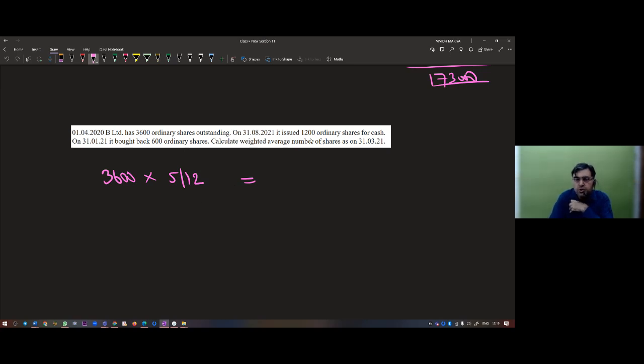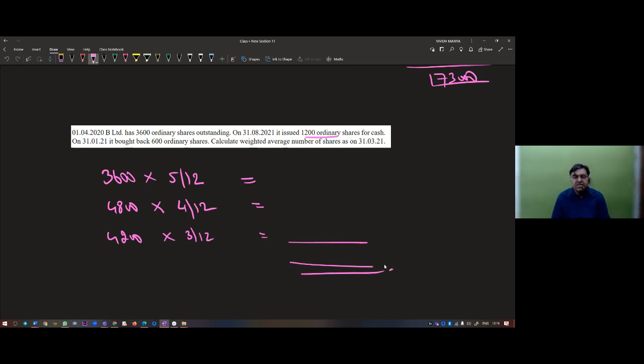Then we issue 1,200 more shares, and we become 4,800 shares. 4,800 shares for the next 4 months, September, October, November, December. Then we bought back 600 shares. We are remaining with 4,200 shares for the remaining 3 months.